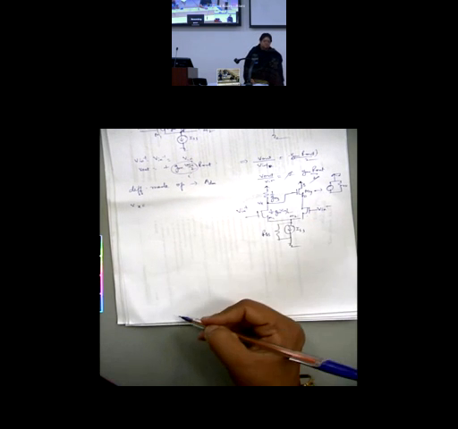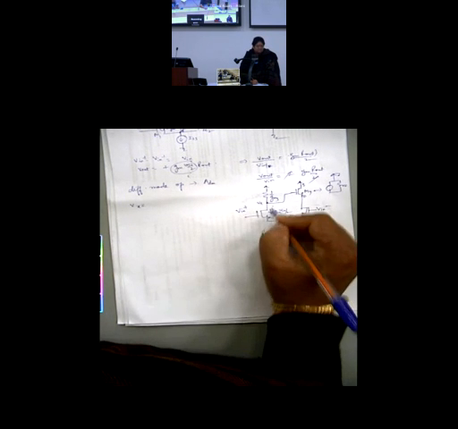Now what is the potential here? If I say Vx, what is going to be my Vx? This current is gm times V in by 2. So I is equal to gm V in by 2.